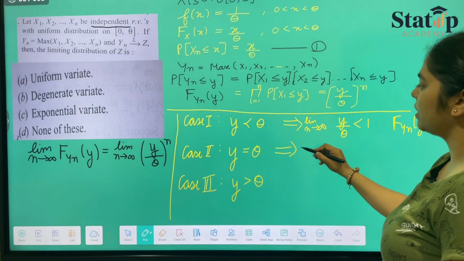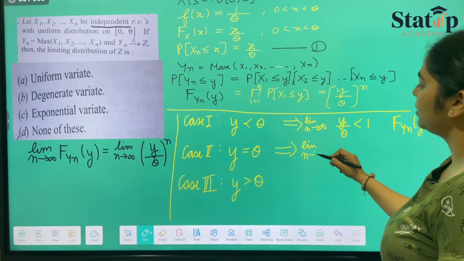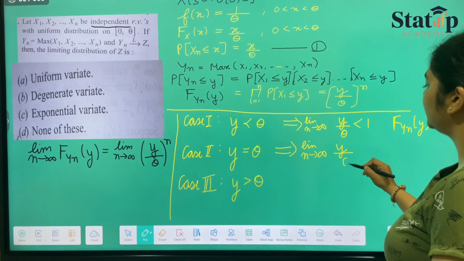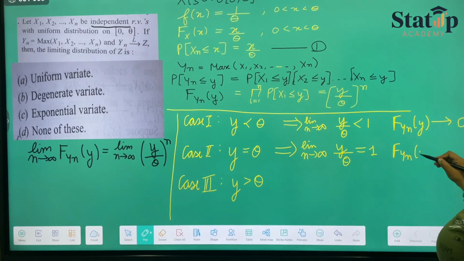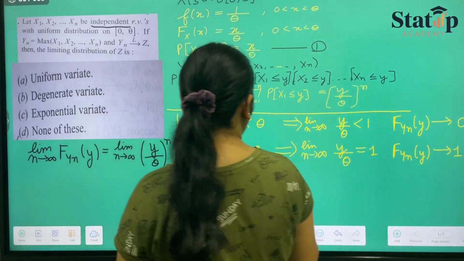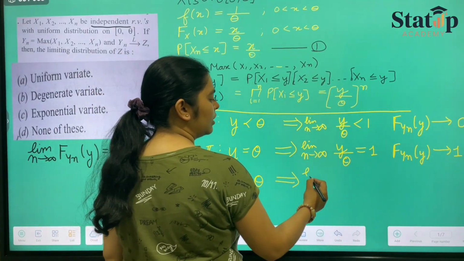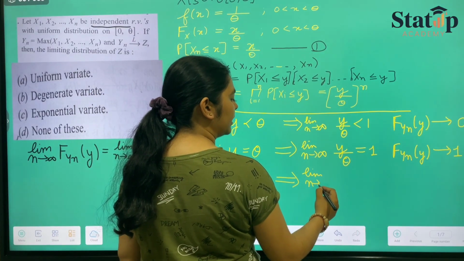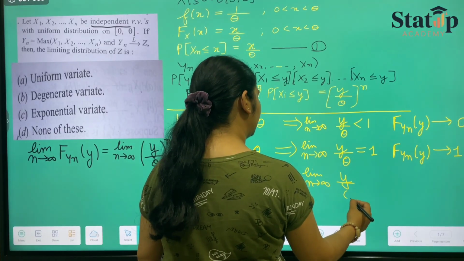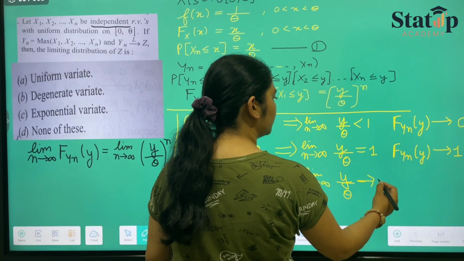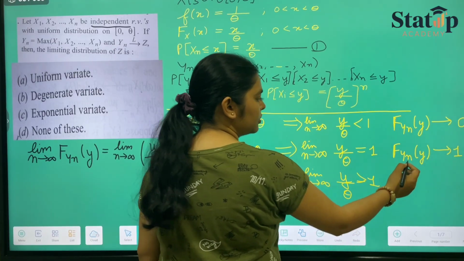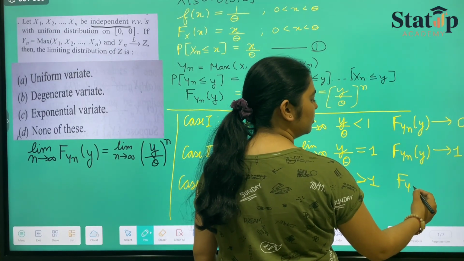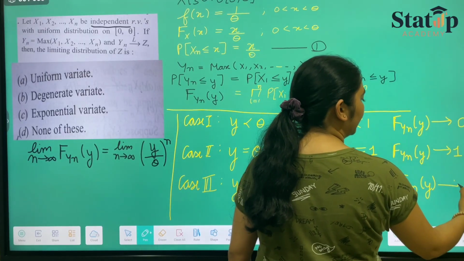In the second case, when y equals theta, y upon theta is equal to 1, so from here we can say that F Yn at y reaches 1. And when y is greater than theta, y upon theta is greater than 1, so from here it also reaches the limit 1.